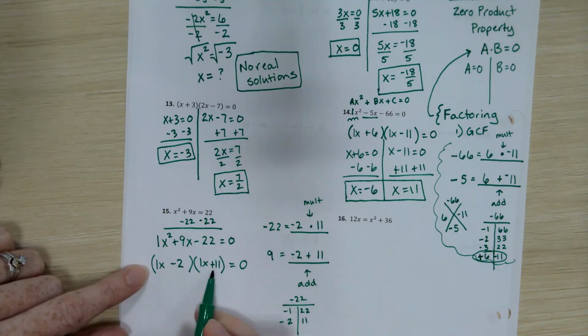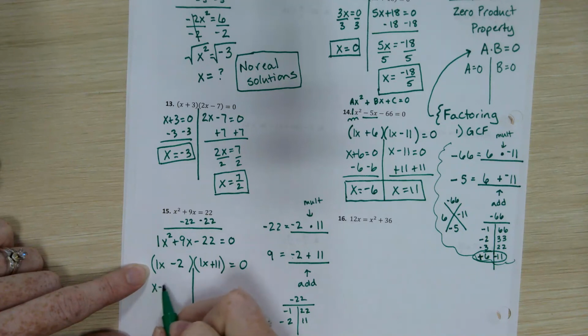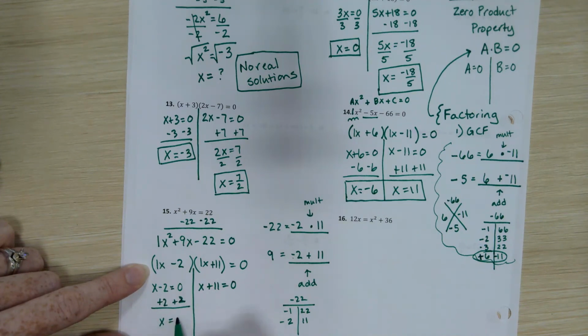Do a quick check for greatest common factors. 1x and negative 2 don't share anything in common. 1x and 11 don't share anything in common. So we should be all set up, ready to go. Set that first binomial equal to 0, set that second binomial equal to 0, and we end up with x equal to positive 2, or subtract 11 from both sides, x equal to negative 11.